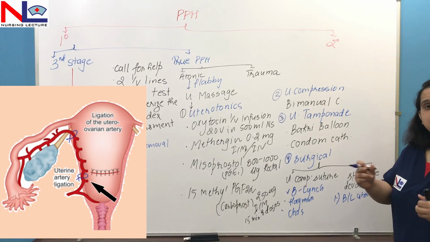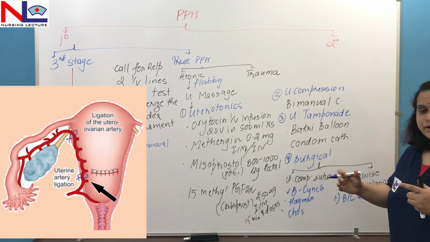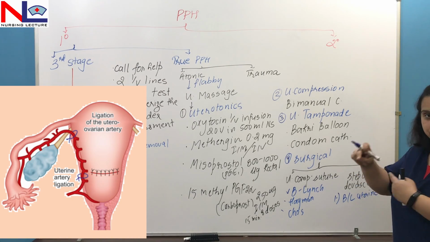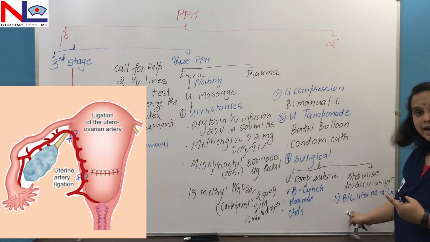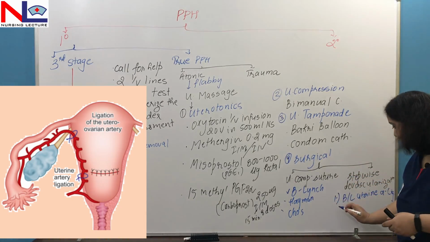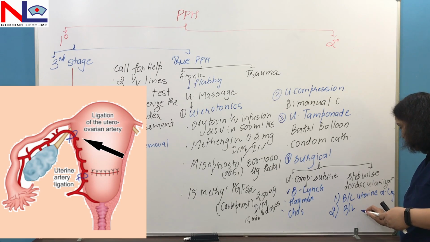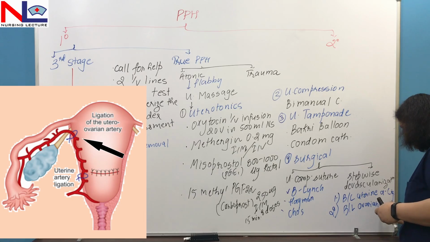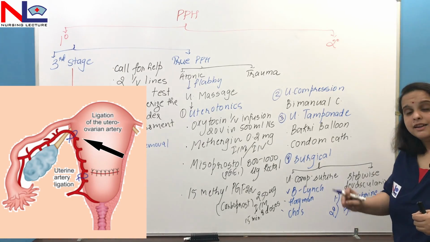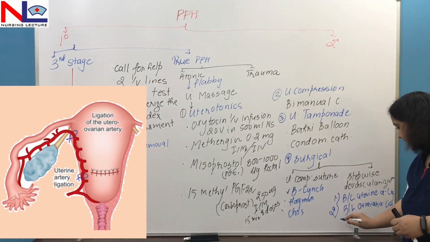It means the uterine artery which supplies the uterus is tied up, okay. Bilateral means both sides, okay. Then the next step is the bilateral ligation of the ovarian artery.